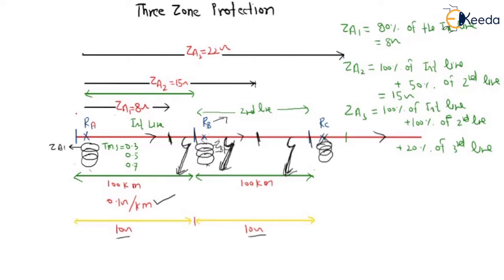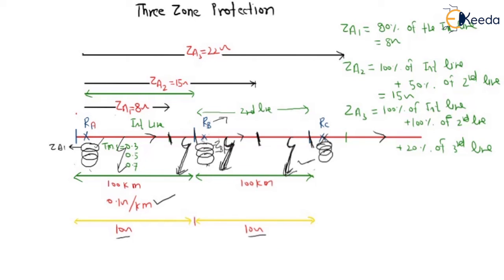There is only this possibility, so we will know the fault occurred here. Now we will talk about the first point. If the fault occurs here, then this first disc will move. This is the reach under disc 1. So we have studied disc 1 reach, disc 2 reach, and disc 3 reach.